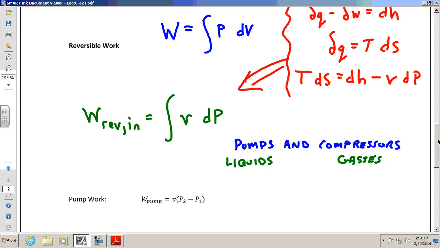What this is saying is something that you probably knew all along. It takes much more work to pump a gas to a higher pressure, because gases have a much greater specific volume. Just think about two different things in your mind.